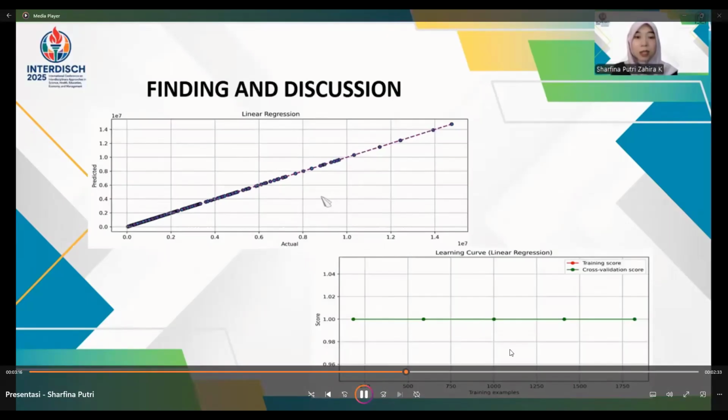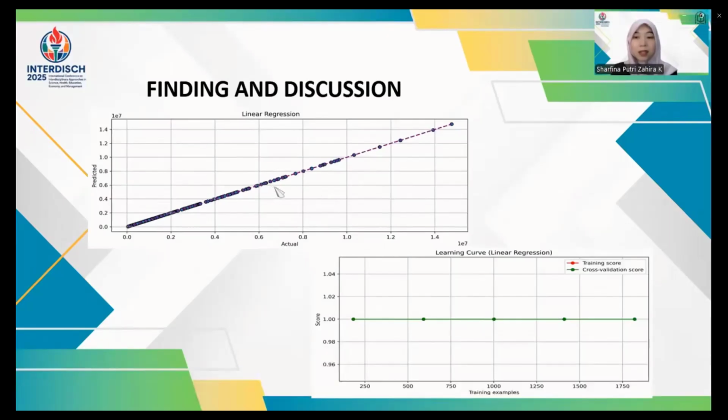There are no visible outliers, and the points align closely with the regression line, which suggests that the linear regression model has good prediction accuracy. This strong linear relationship shows that the model successfully captures the connection between the independent and dependent variable.